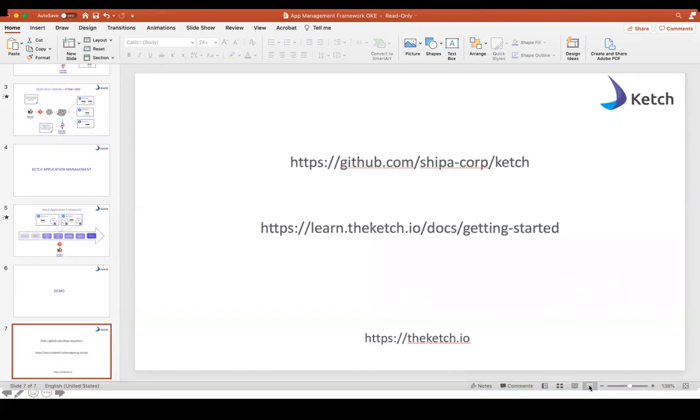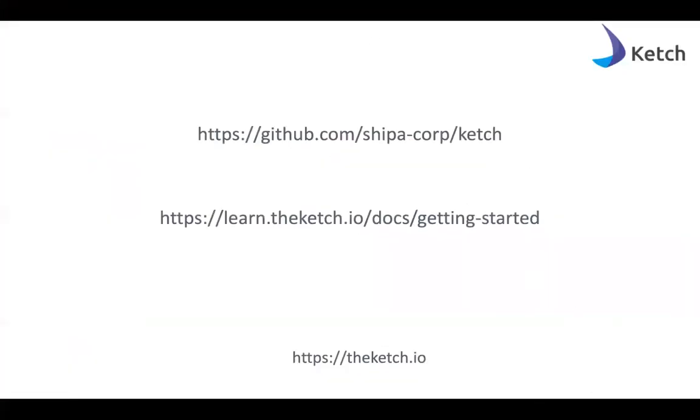The last but not least is where you can get more information related to Ketch. So Ketch is available as open source under the Apache 2 license, and you can find it at github.com/shipa-corp/Ketch. We encourage everyone possible to try it and open up issues, open up ideas, or fork the project and really help us build Ketch and address the requirements specific to your applications and help us grow Ketch.